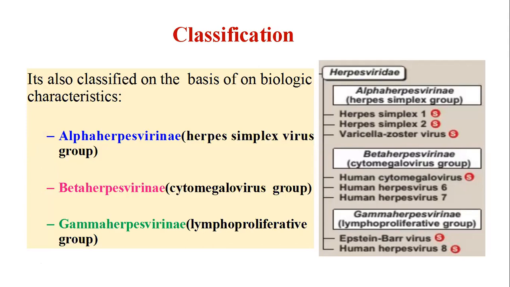On that basis, herpes viruses can be classified into 3 different groups: alpha herpesvirinae, beta herpesvirinae, and gamma herpesvirinae. The herpes simplex virus group, HSV1 and HSV2, falls into the first class, alpha herpesvirinae. The cytomegalovirus group falls into the second class, the beta herpesvirinae, and the lymphoproliferative group belongs to the gamma herpesvirinae.